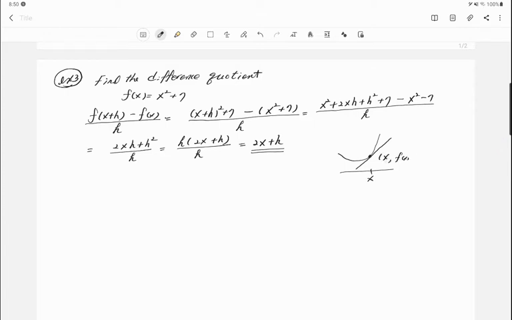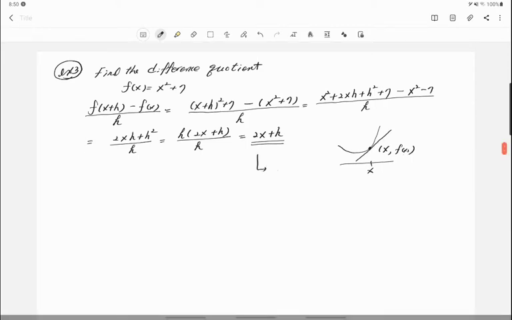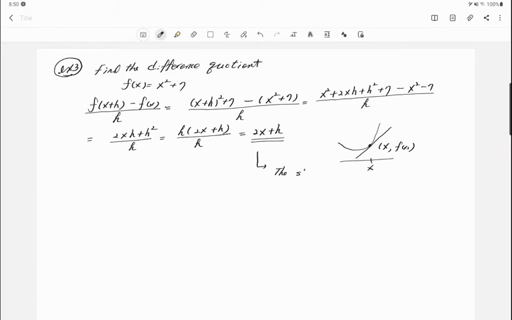That is the slope of the tangent line at x, f of x, if h is very close to 0.